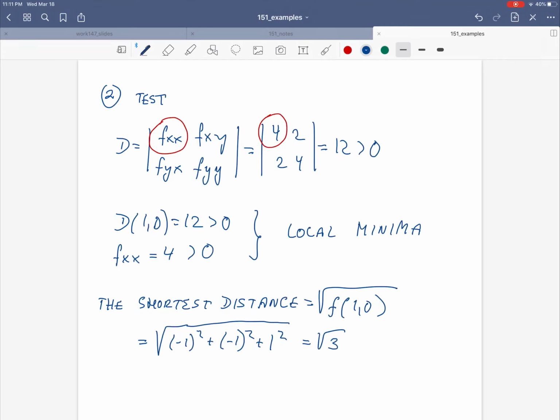And this distance is realized at the point x, y, z on the plane, which is (1, 0), and when we compute z from the plane equation, we get 0. So the shortest distance is root of 3 to the point (1, 0, 0) on the plane. And that's our full answer here.